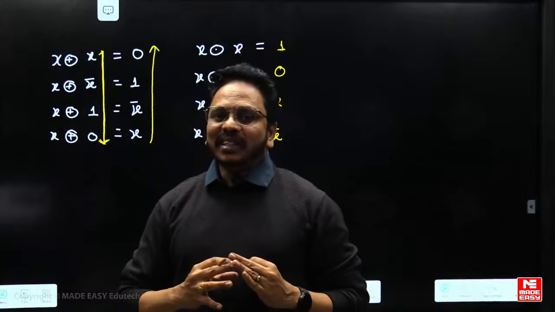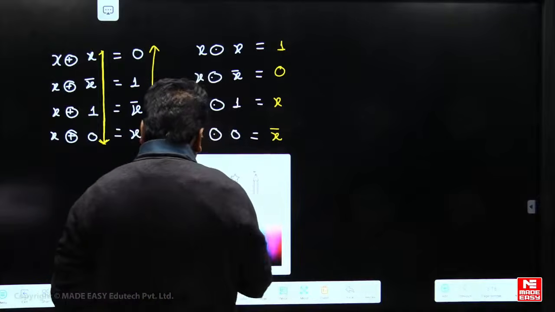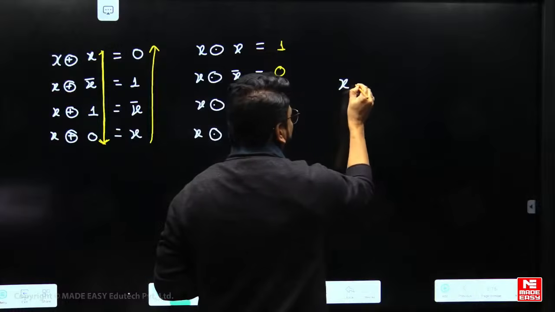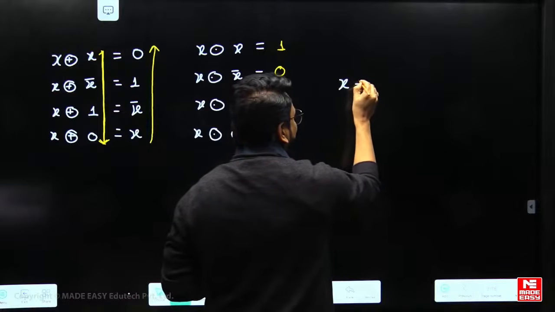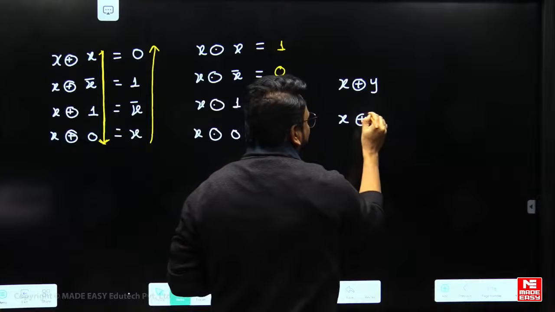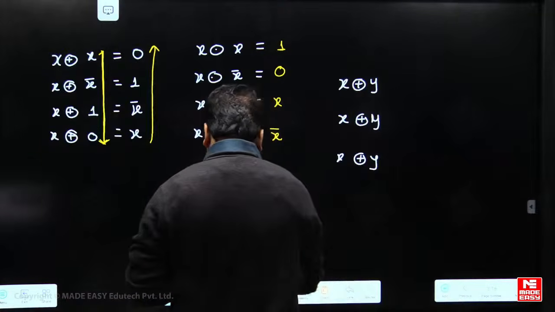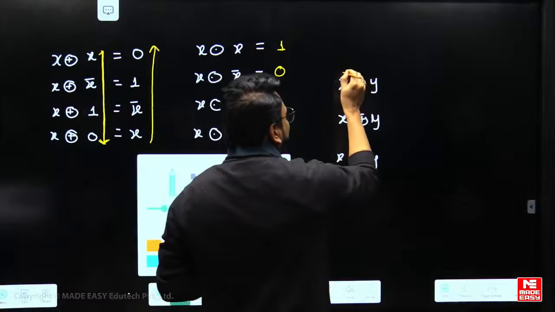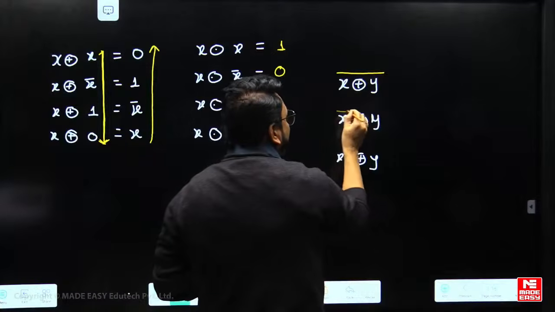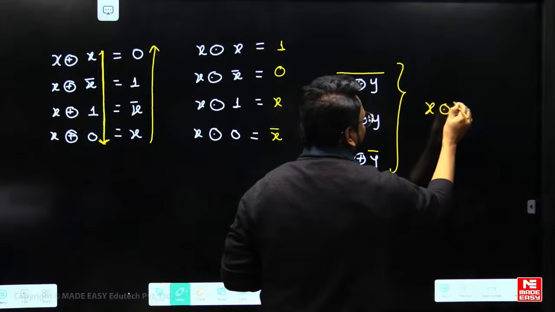And one more thing to remember related to XOR, because XOR gate questions are expected. X exclusive Y: if it is completely complemented, or any single variable is complemented, it becomes XNOR.